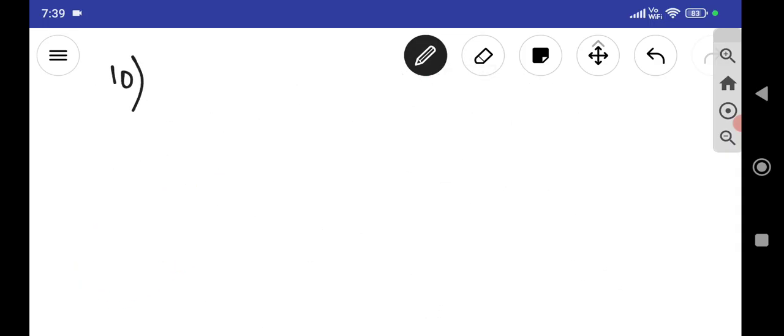Next, question number 10. So R1 you can take rho into L by A, right?